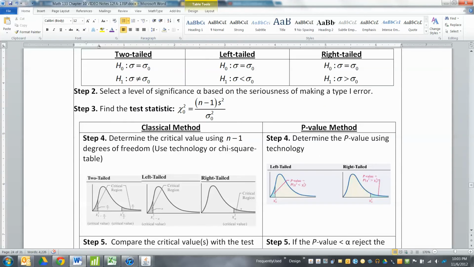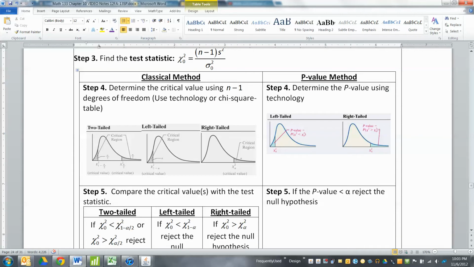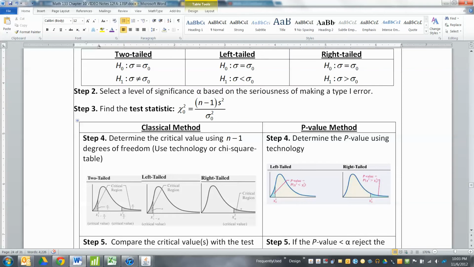Same steps. You still got to find a test statistic. It's a different formula for that test statistic. It's right there. And then you have your classical method or your p-value method. Since this is using the chi-square distribution, you can tell because that test statistic is the chi-square statistic we learned in section 9.3.